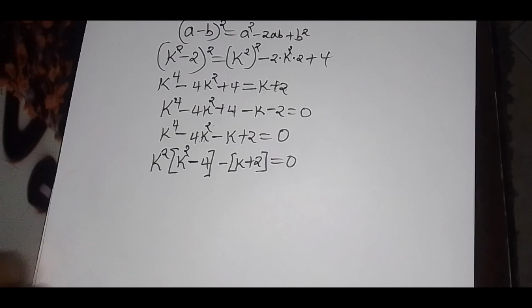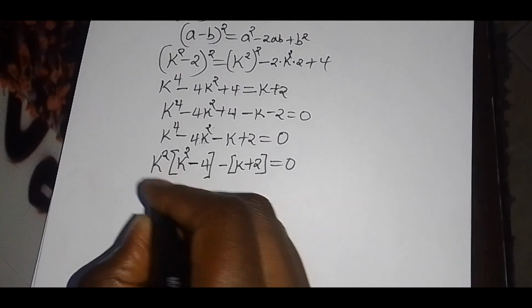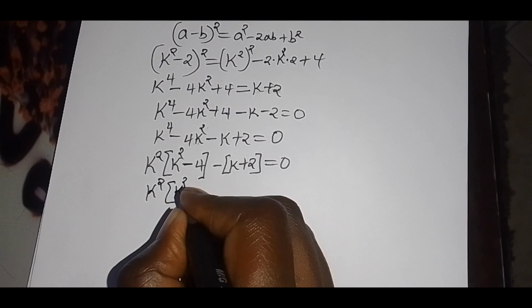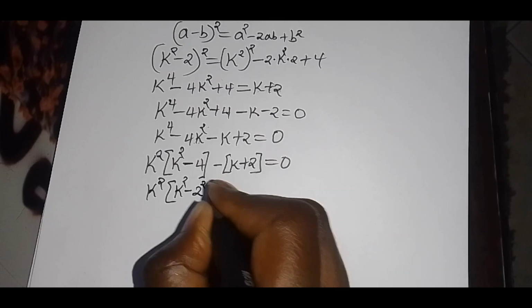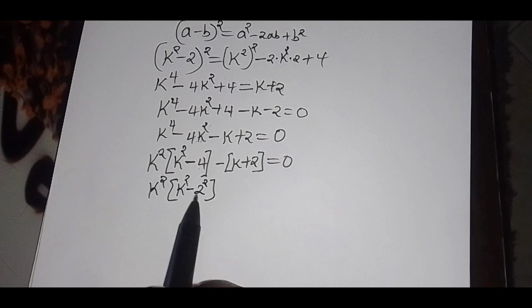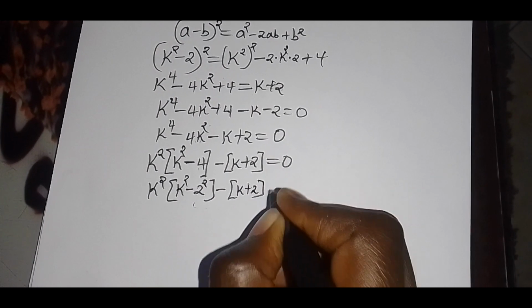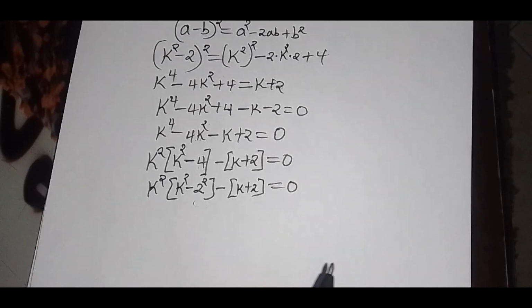Now we can express this as k squared times (k squared minus 2 squared), as you can check, 4 is the same as 2 squared, minus (k plus 2) equal to 0.